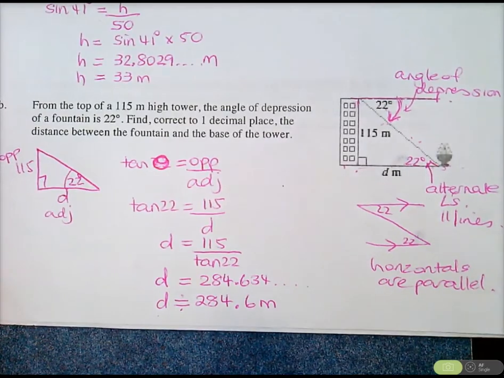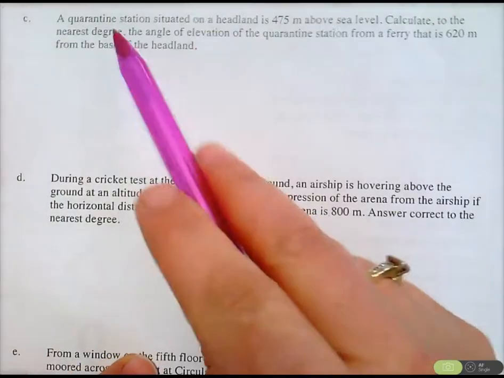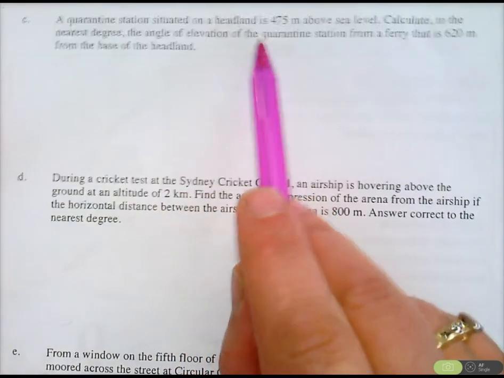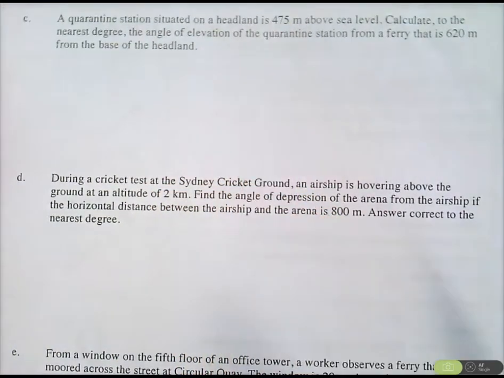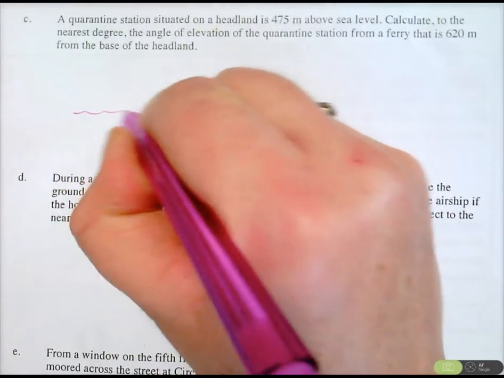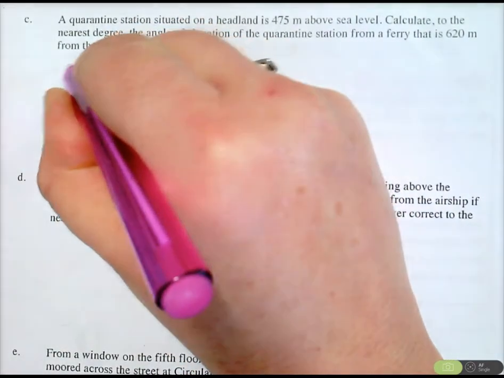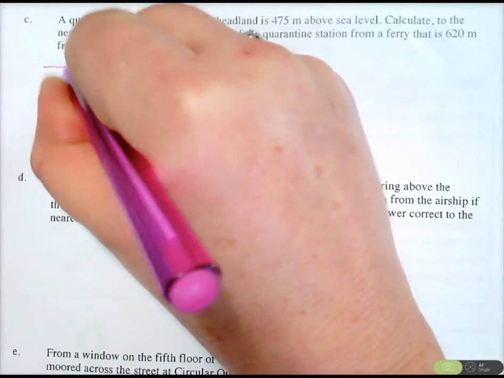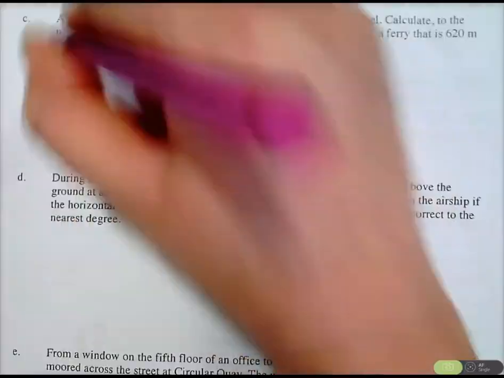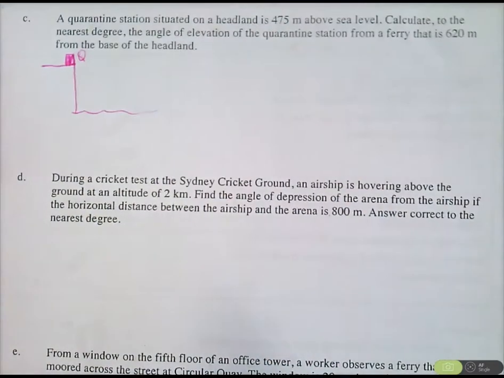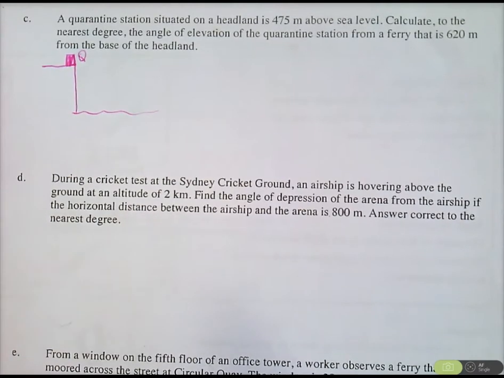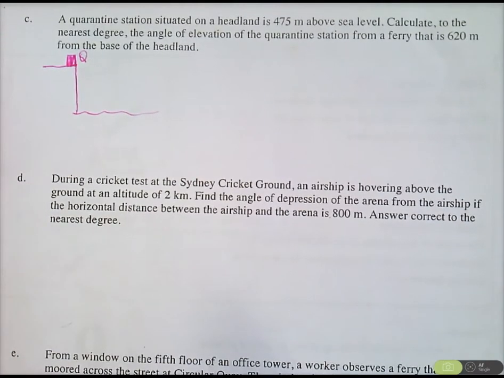Okay, we're going to go over to the next page now. A quarantine station situated on a headland is 475 metres above sea level. So here's the ocean. Here is the headland, and we've got the quarantine station up here. I'll call that Q. A headland is like North Head, South Head, Sydney Harbour, the heads.